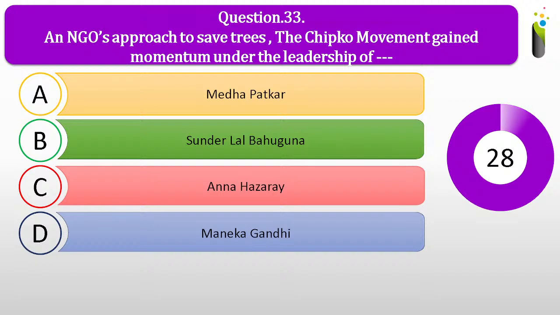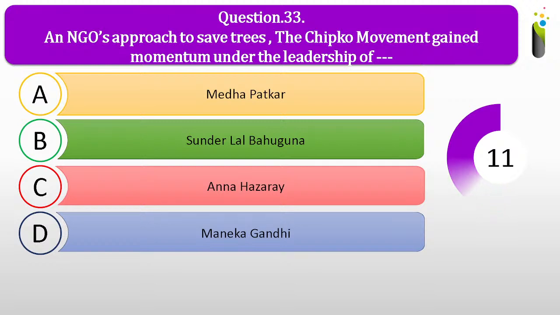Tell me an NGO's approach to save trees. The Chipko movement had gained momentum under the leadership of dash. Building a city is urbanization. Okay, now roads will be built in it.